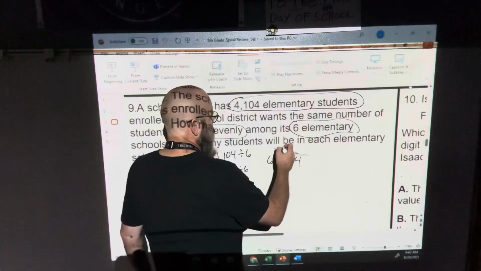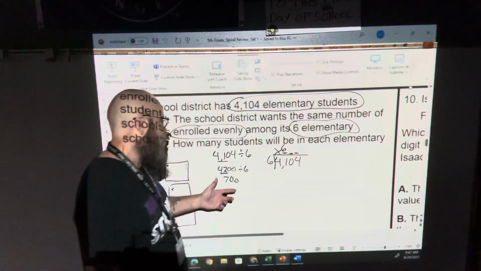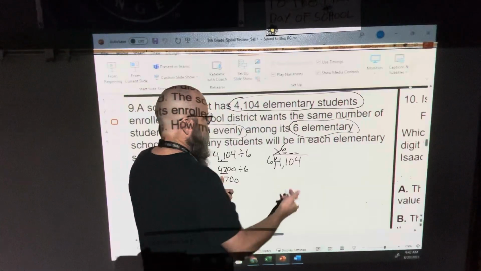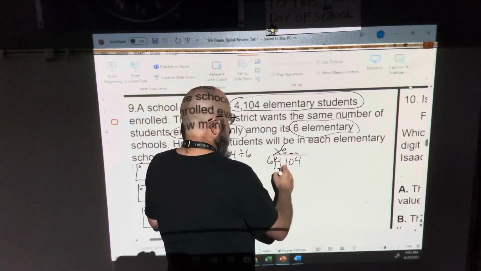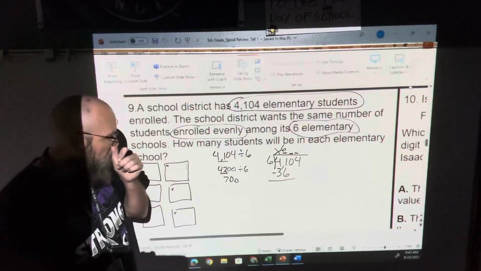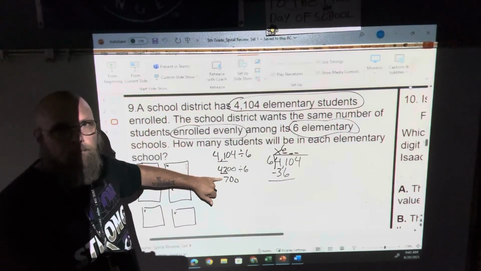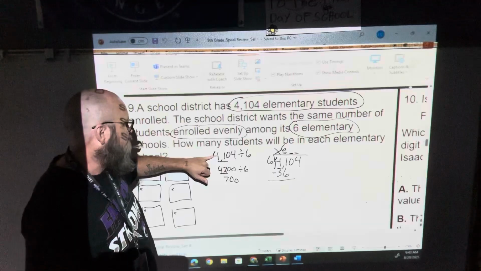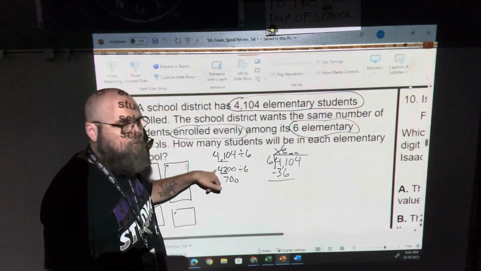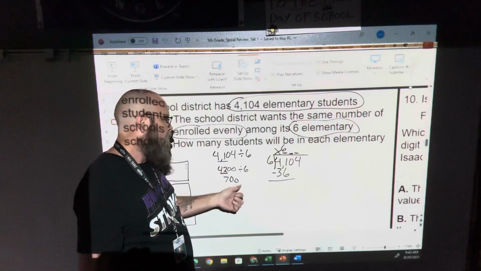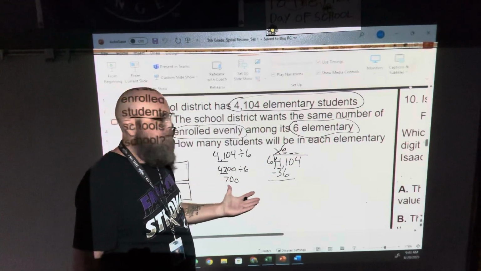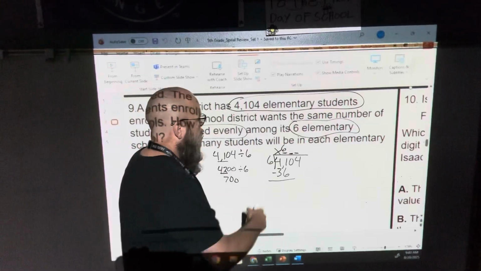I already know 6 times 7 was 42, so 6 times 6 is 36. And I already knew my estimate was going to be greater than my actual answer because I moved 4,104 up to 4,200. So I knew my actual answer was going to be less, because I moved this one up.